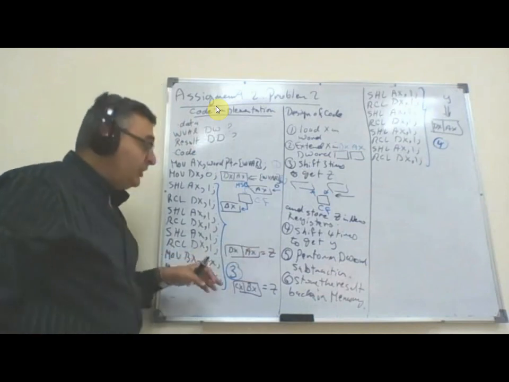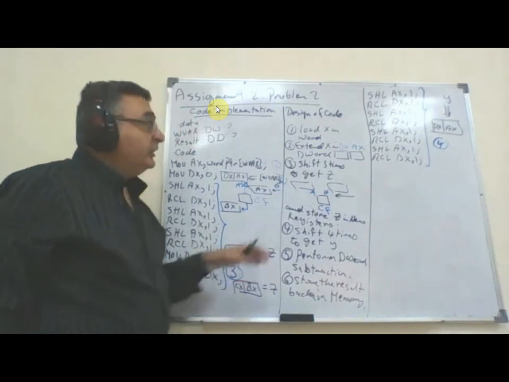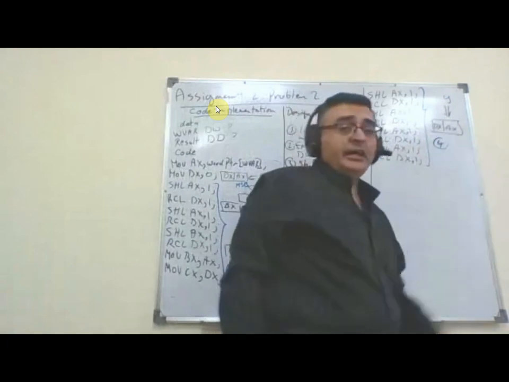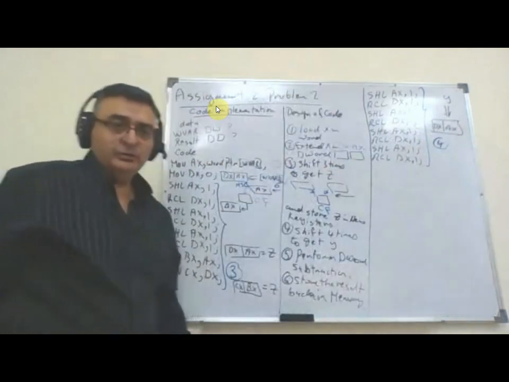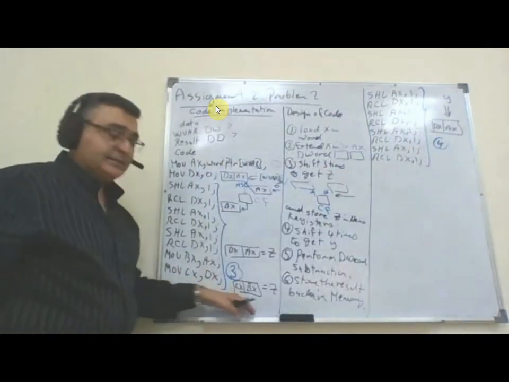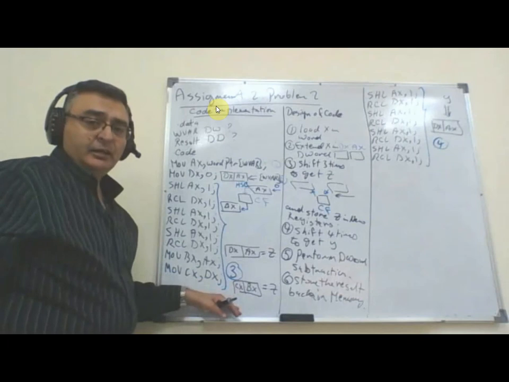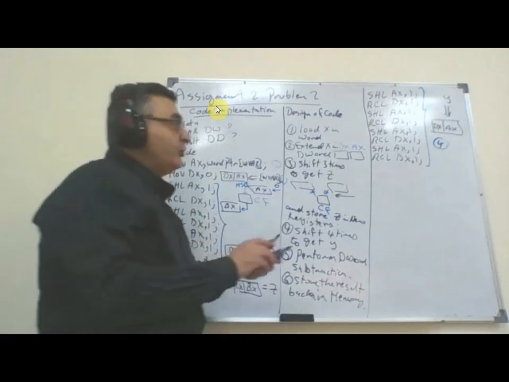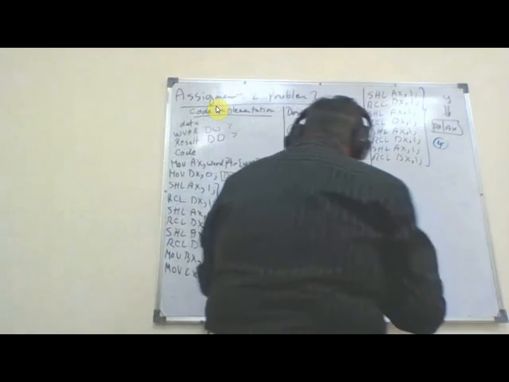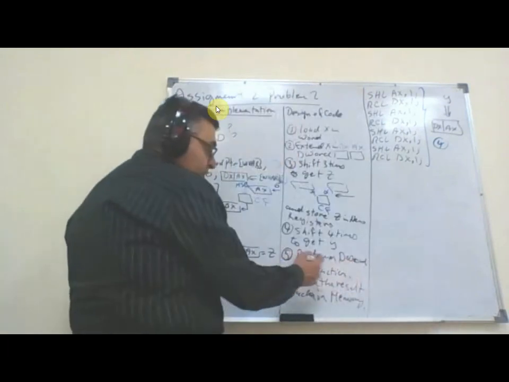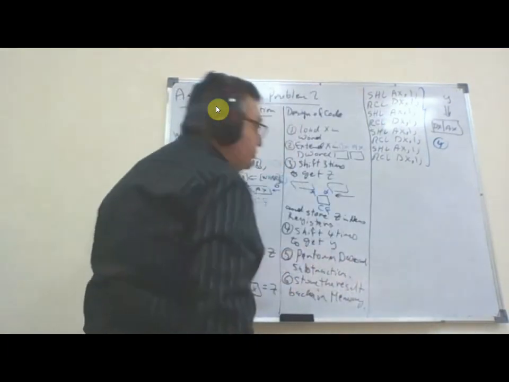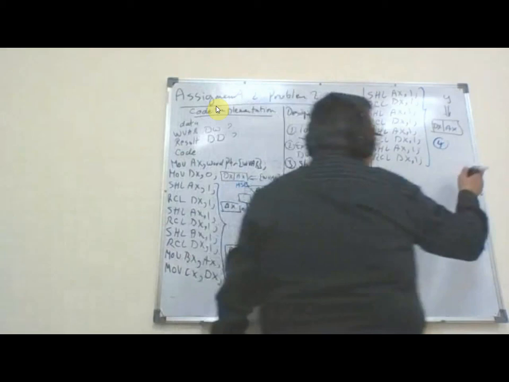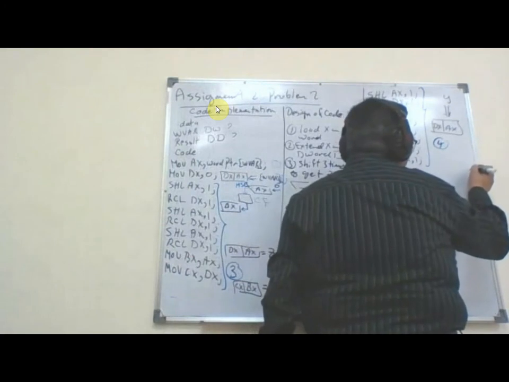Where is the minuend and where is the subtrahend? AX DX carry the minuend. BX CX carrying the subtrahend. So I want to subtract this from this. This is a kind of a well-known operation.